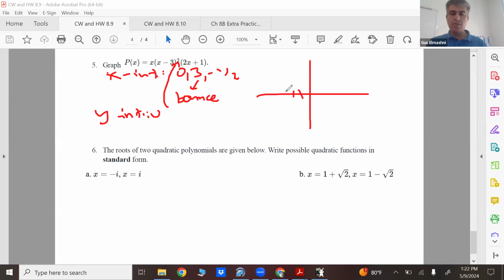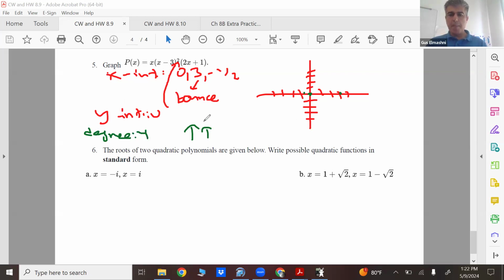So 1, 2, 3, 1, 2, 3. I'll just do a few more tick marks. Here we go. And the end behavior is going to be like this because your degree is 4 and your leading coefficient is positive.